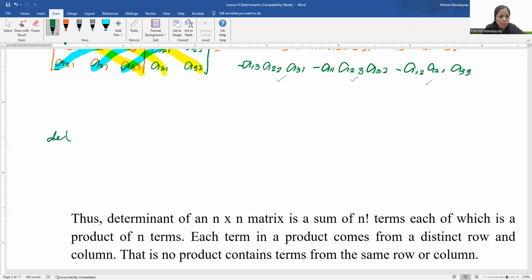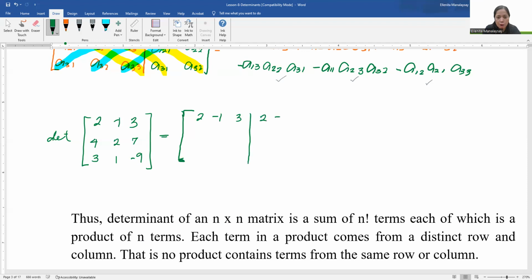Okay, say for example, we get the determinant of 2, -1, 3, 4, 2, 7, 3, 1, -9. Following Sarrus rule, we write the matrix and extend it by copying the first two columns. So 2, -1, 3, copy 2, -1. And then 4, 2, 7, 4, 2.